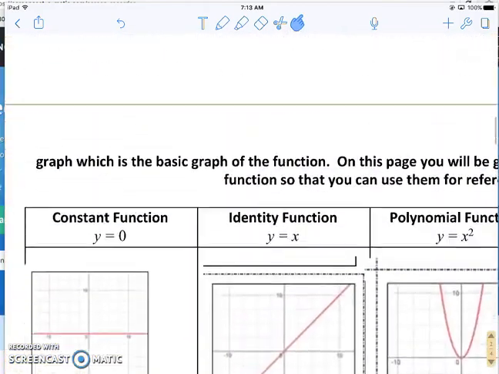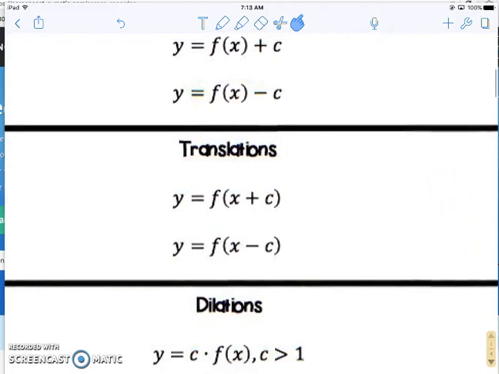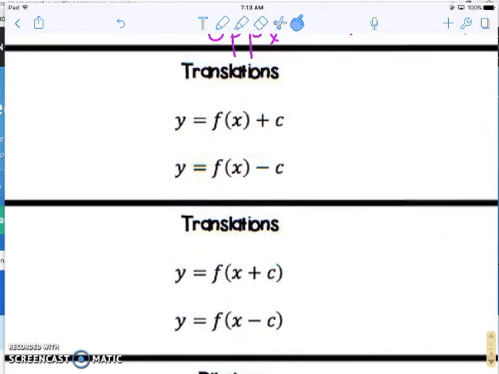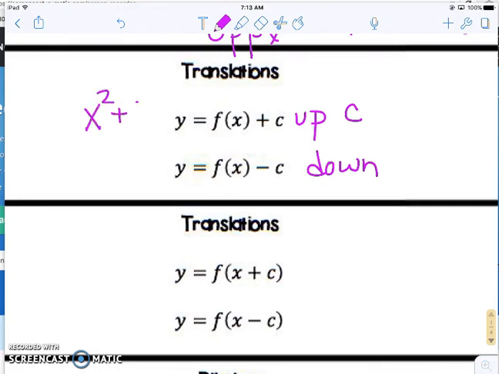So the next one's up here. I am guessing that these are probably the ones you remember the most. If we take something and add c, this moves it up c. This one moves it down. And these are kind of like if we had x squared plus 2, or if you had f of x equals x squared minus 2.